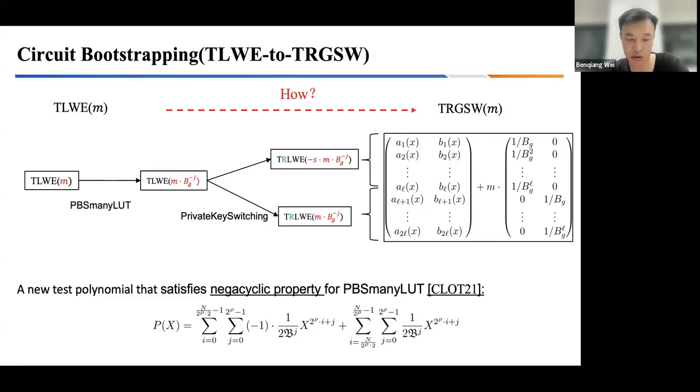In other words, the addition is XOR operations. So we must carefully design the test polynomial p(x) to satisfy the cyclic property for PBS many LUT. PBS many LUT was proposed in Asiacrypt 2021.